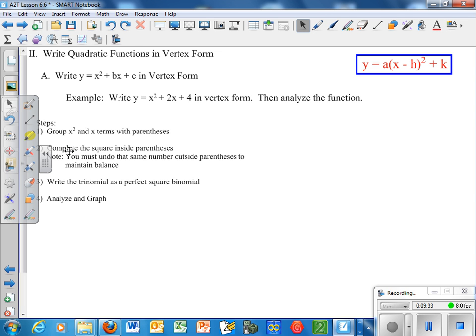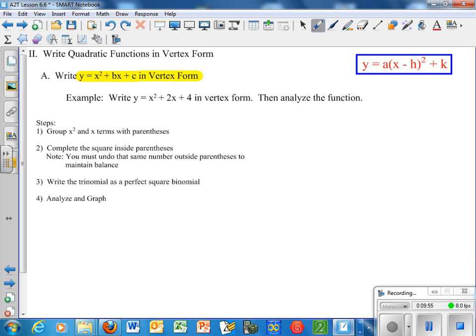Okay, now we're going to write, so that's one that was already in that form. Now we're going to look at getting them into that form so eventually we can graph them. We're not going to be asked to graph this one, but if you look here, we're going to take one that's in x squared plus bx plus c form, and we're going to write it in vertex form, which is this right here.